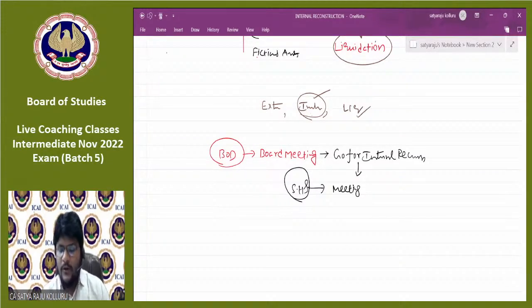Not only shareholders, the company is also going to conduct meetings with different creditors, or I can call them different loan parties, because the process of internal reconstruction is going to impact each and every party of the company. That's why they conduct meetings with creditors as well, and next, bankers as well.